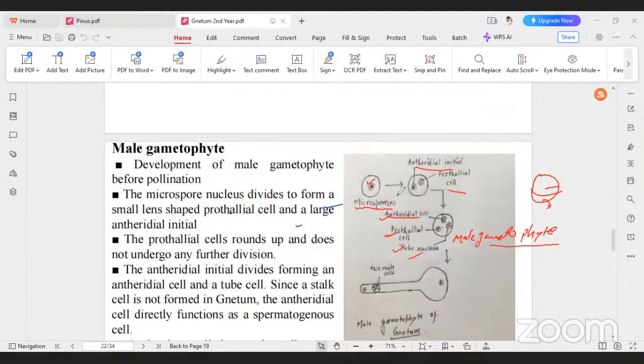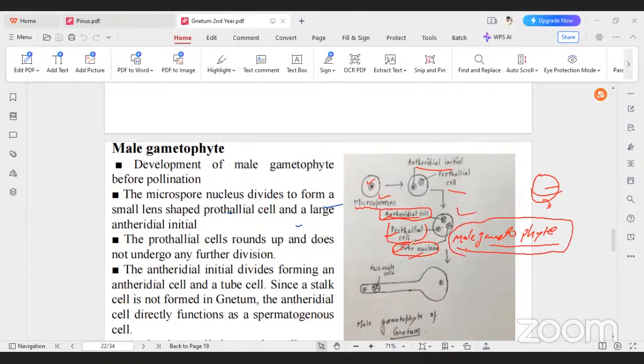Later, from the body cell, which is actually the antheridial cell, the generative cell and male gametes develop. Here, one cell is the antheridial cell, then the prothallial cell and the tube cell. At the three-cell stage, the pollen grains are released. Now the one-nucleus microspore has developed into the male gametophyte. How many cells are in the male gametophyte? Three.